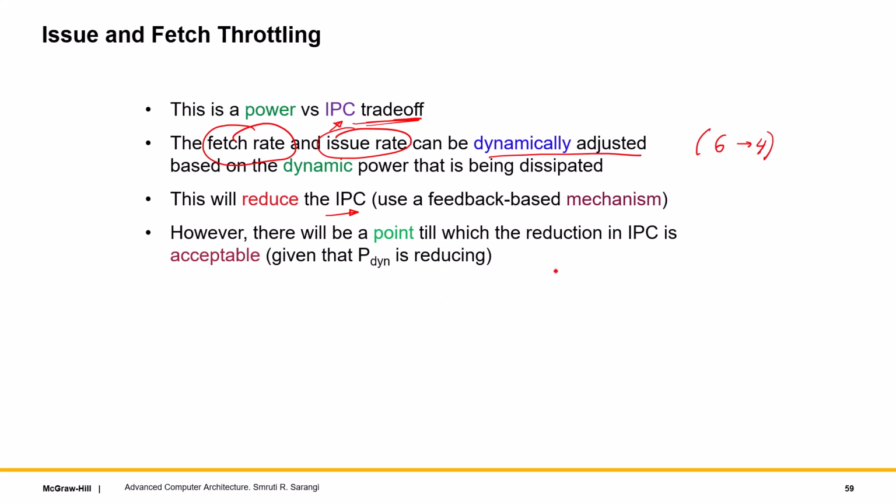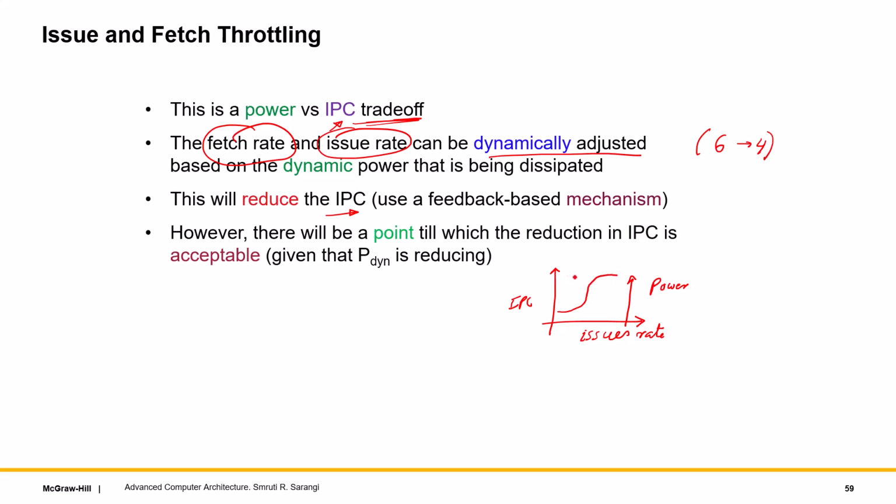So, of course, you may argue that, let's say, for a given benchmark, this is the issue rate and this is the IPC, and let's say I have a second axis which is power. Then you can say that, look, initially the IPC is kind of low, but as the issue rate increases, IPC becomes like this.